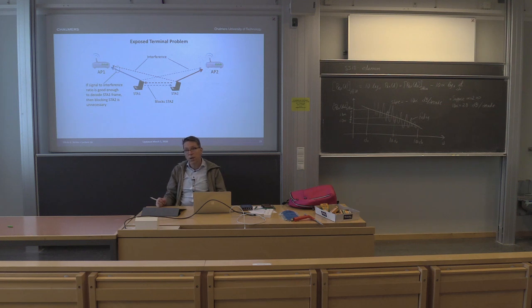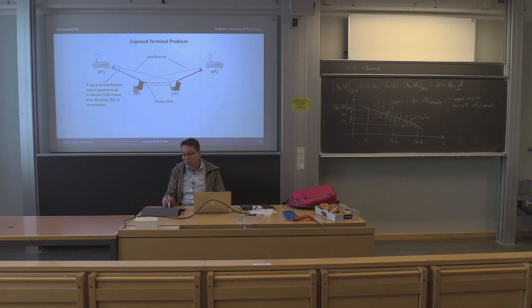It very much depends on the ratio between the power of the frame that we're trying to decode divided by the power of the frame which is interfering with us. So for sure, this could be good enough for detecting the frame from station 1.